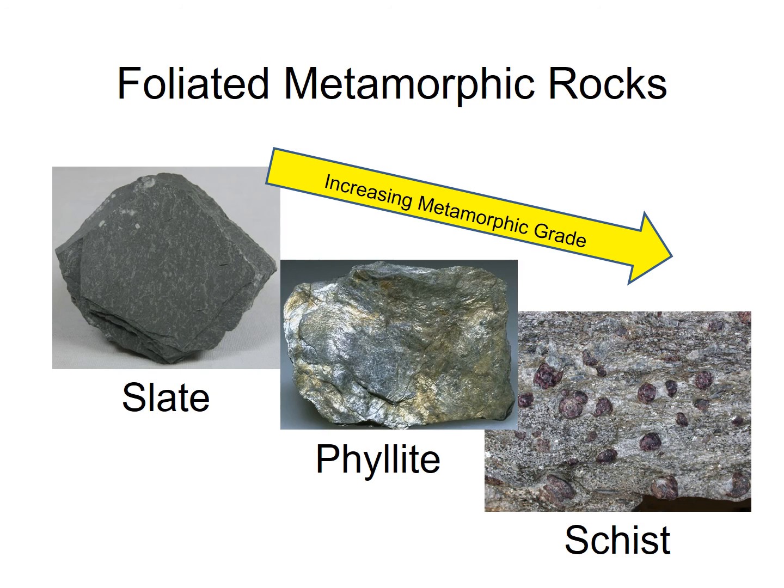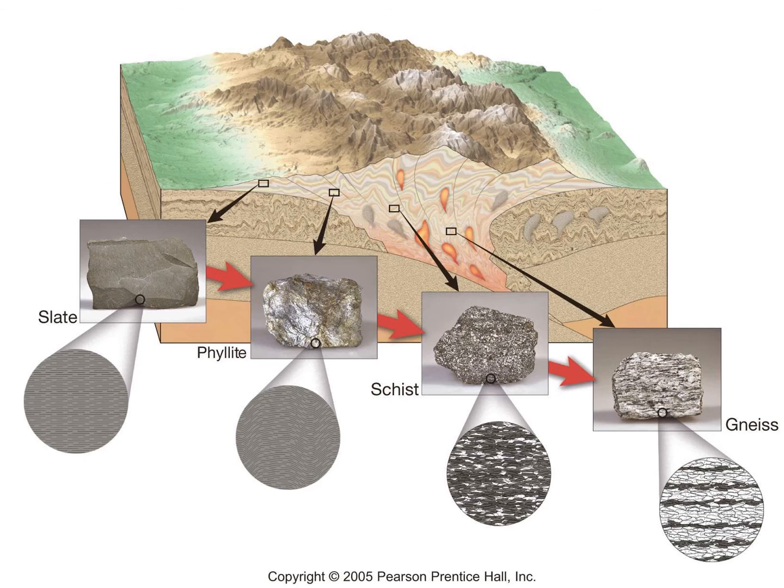When you increase the metamorphic grade, you reach phyllite, where you can see the micaceous sheen of muscovite. And then you're going to form schist, which is intermediate to high grade metamorphism. You can see beautiful red garnets and shiny flaky biotites that define the foliation.